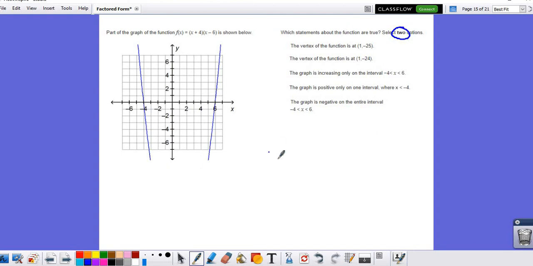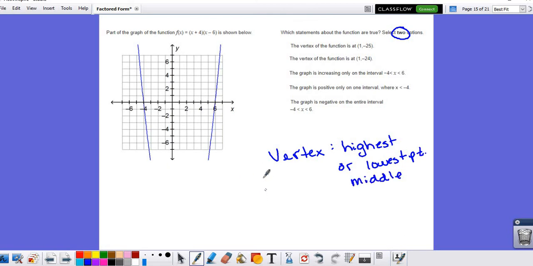Okay, so remember the vertex is your highest or lowest point. Okay, basically it's your middle. And you can't see it on this graph.